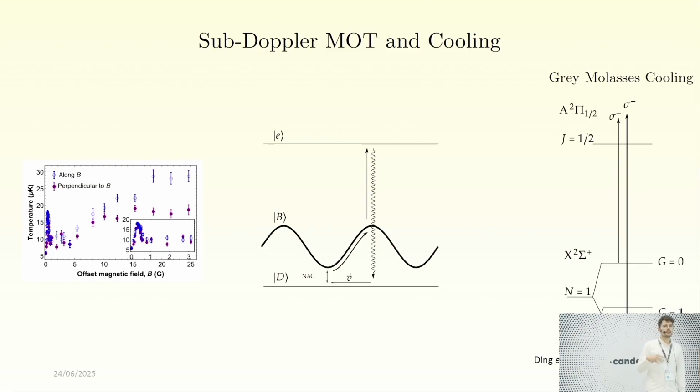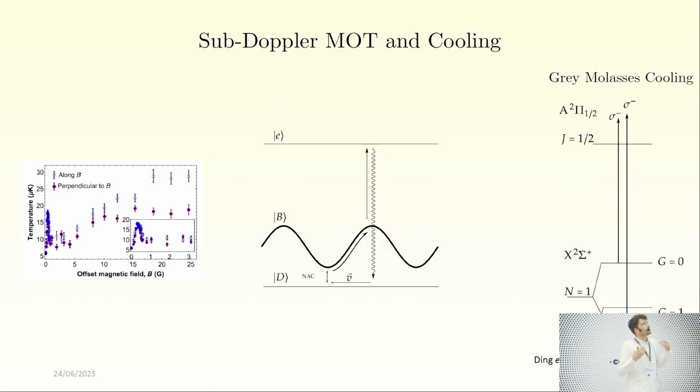We have a really strong hyperfine contact interaction arising from our valence electron and the yttrium magnetic moment. This gives rise to a quantum number G, the total spin quantum number, and we have two manifolds, a spinless G equals 0 and a spin 1, G equals 1 manifold, which are well separated by around 750 or 80 megahertz.